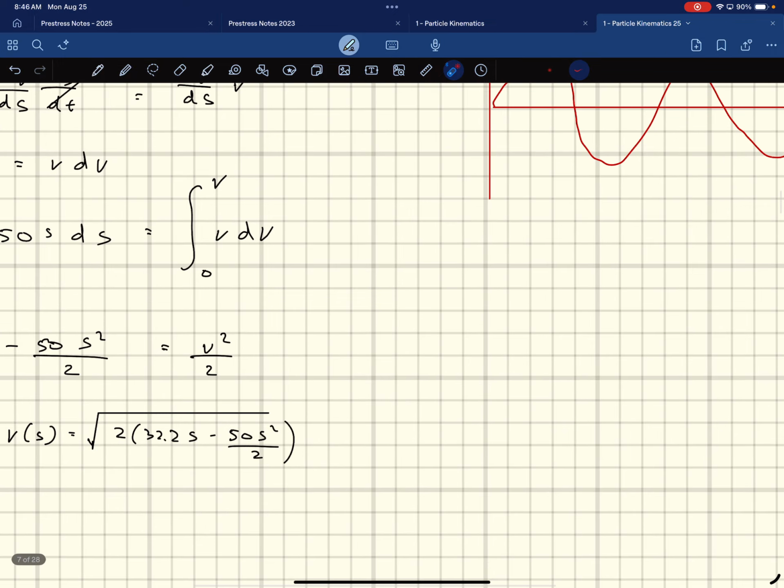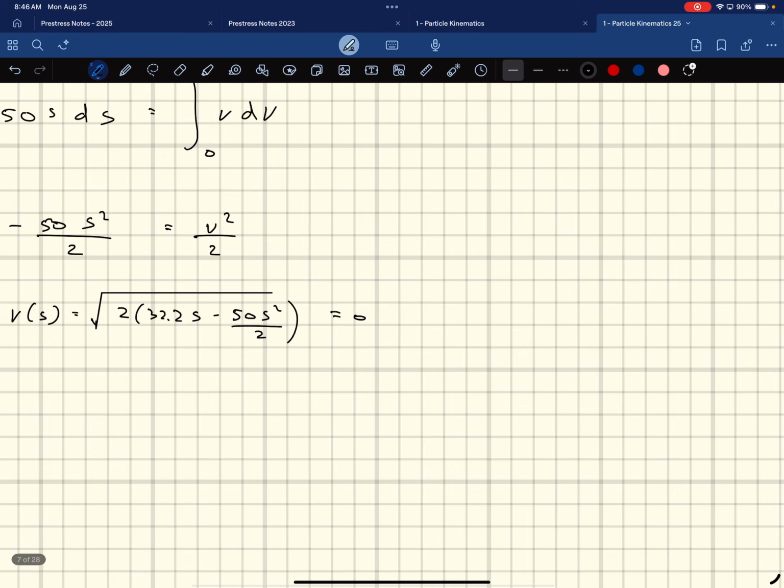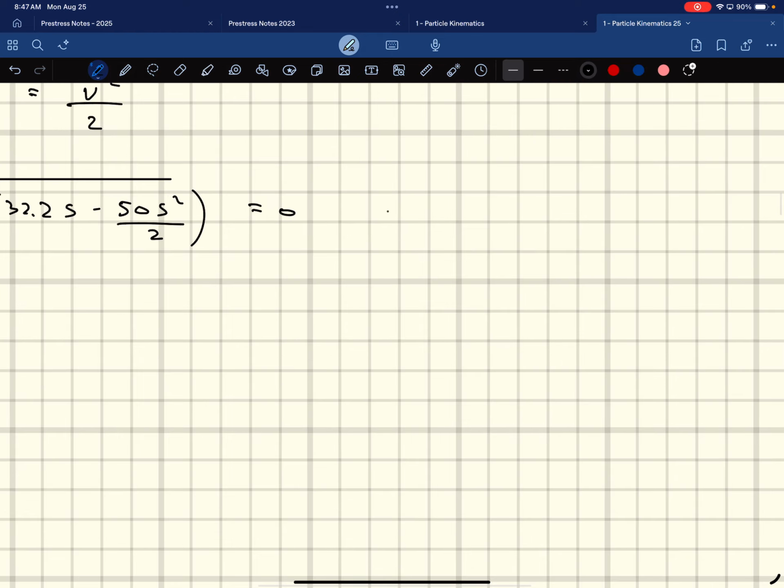So to find what my max position is, I set this equal to 0, and I solve for s. I literally put this equation in the calculator and say, solve for s, and it says, here you go, I got it taken care of.